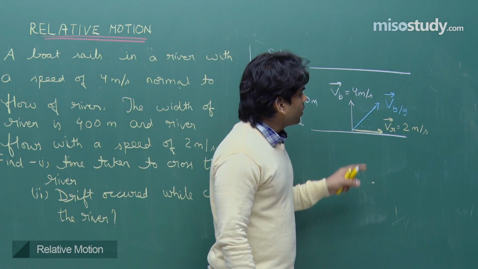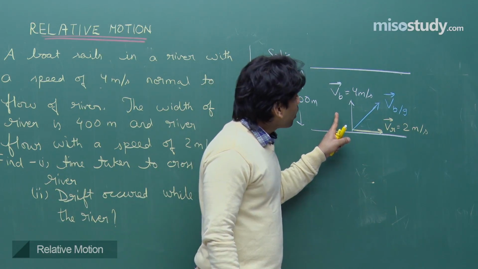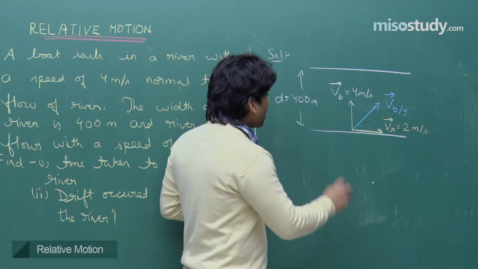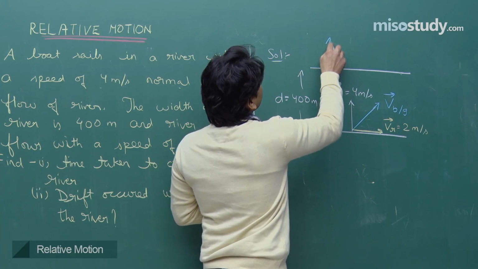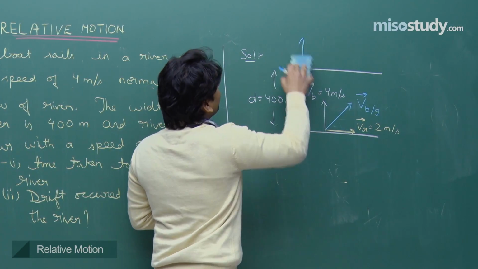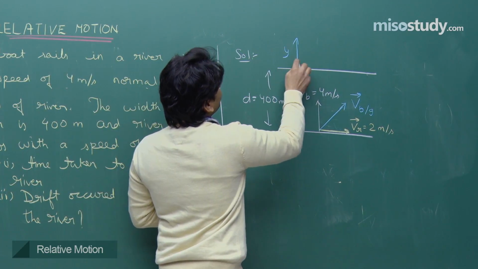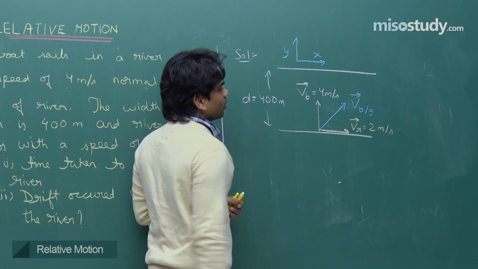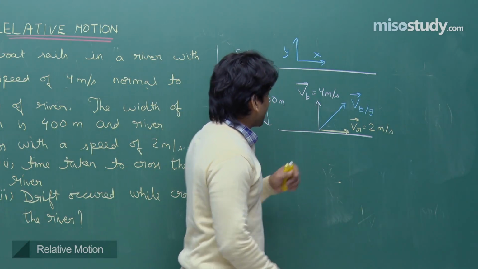Now we have to find out what is the time taken. This is the vertical direction, the y direction, and this is the horizontal direction, the x direction. Now you see here, we have to find out the time taken.